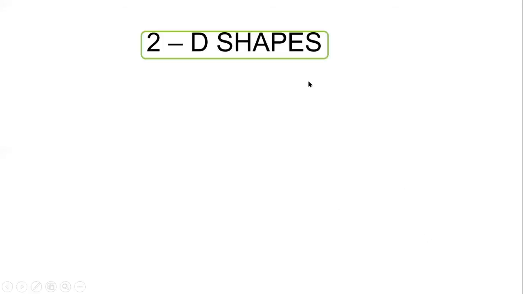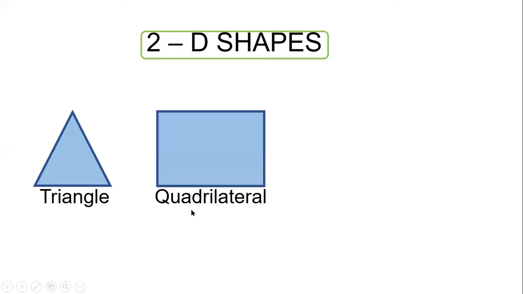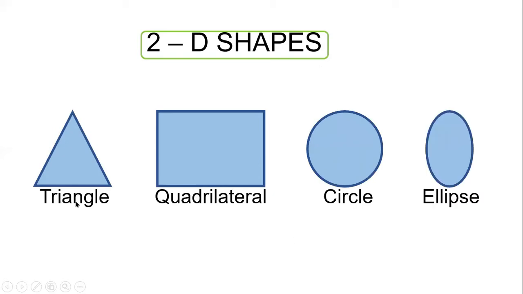We began with 2D shapes. We looked at this, it is called a triangle. Then we have a quadrilateral. Then we have a circle and an ellipse. We said that a triangle has 3 sides and 3 corners. Then a quadrilateral has 4 corners and 4 sides.